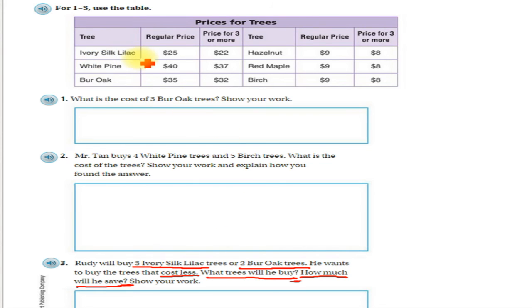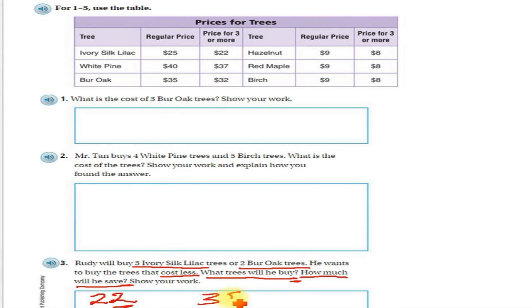I'm buying 3, so I get the discounted price of $22. And I'm buying 3 of those, so it's going to be times 3. And my bur oak trees, I don't get a discount because I'm only buying 2, and the discount kicks in when I buy my 3rd.